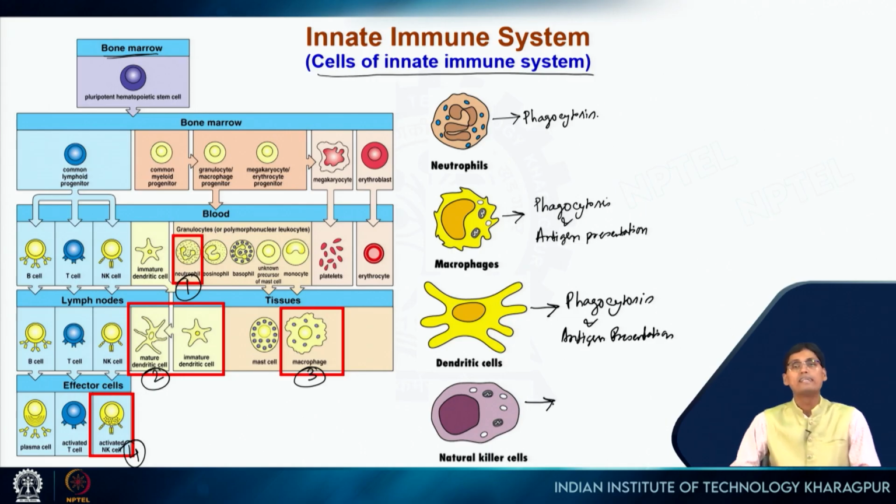As their name suggests, they naturally have killing activity. They are very good at killing defective cells. Particularly, I would like to mention, they kill virus infected cells. They are very good at it.